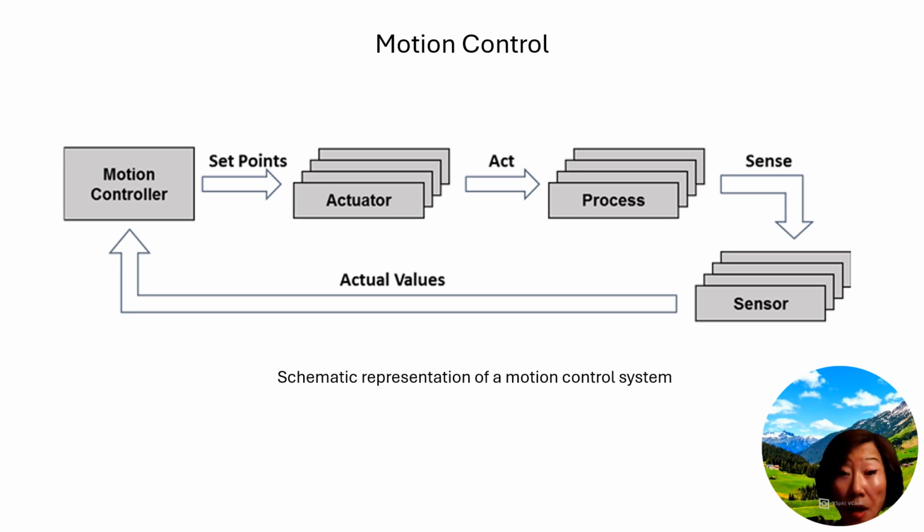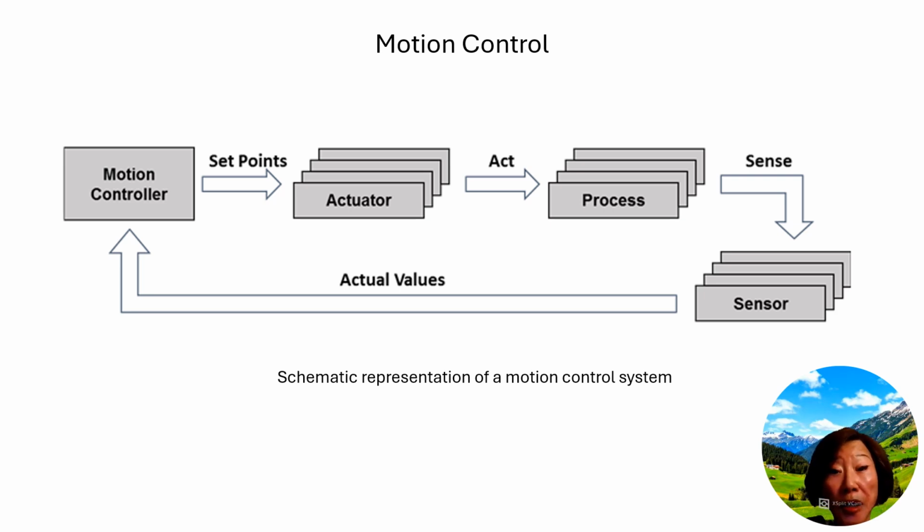In this setup, a motion controller periodically sends desired set points to one or more actuators, for example, linear actuators or drives, which then execute the corresponding actions on various processes, typically involving the movement or rotation of specific components.